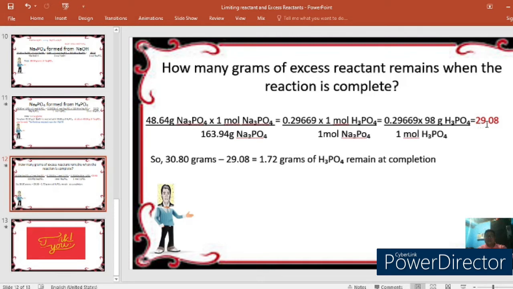Since we have this amount, we can now subtract it from the 30.80 grams which is given. So 30.80 grams minus 29.08 is equal to 1.72 grams of phosphoric acid. So this is the remaining phosphoric acid when the reaction is complete.